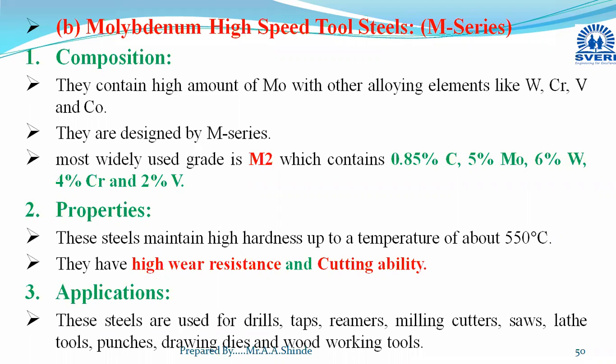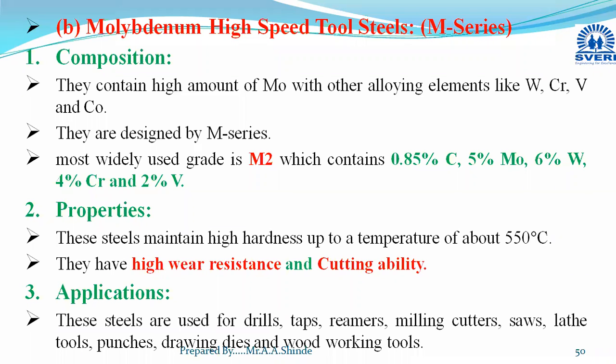Now here one more specific type of high speed steel is there, that is super high speed steel. Super high speed steel is a steel which contains 5% vanadium. This is just for your information.